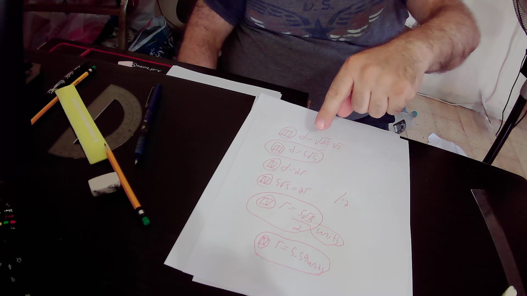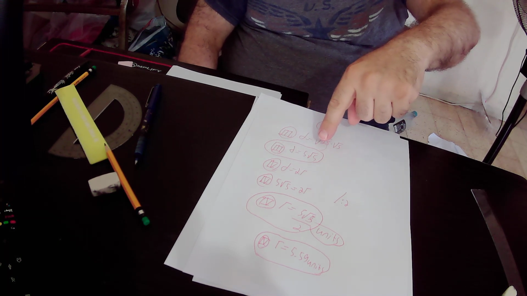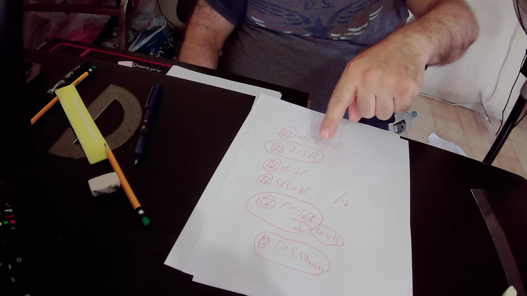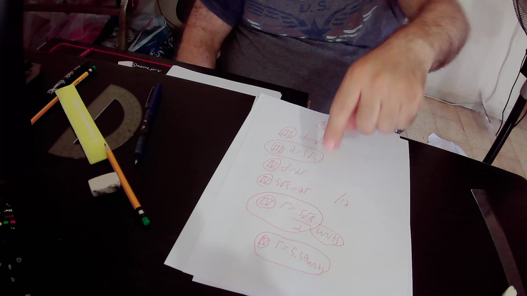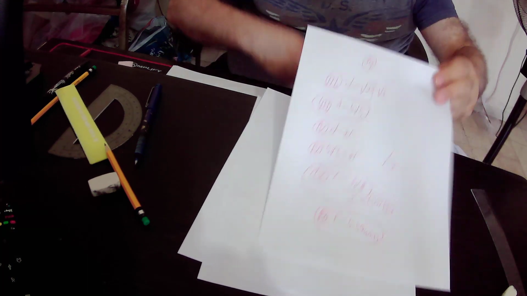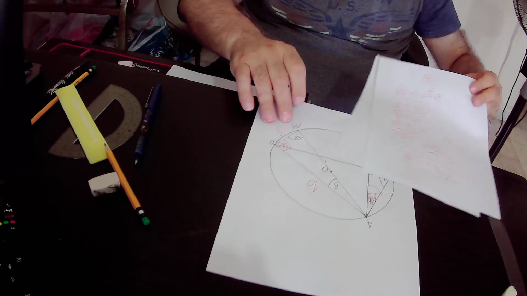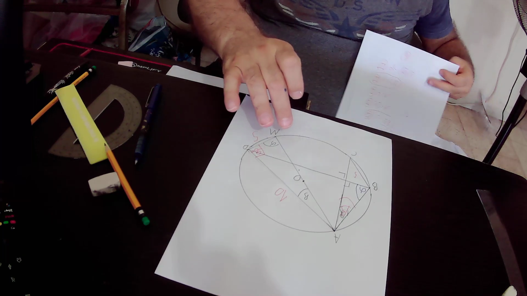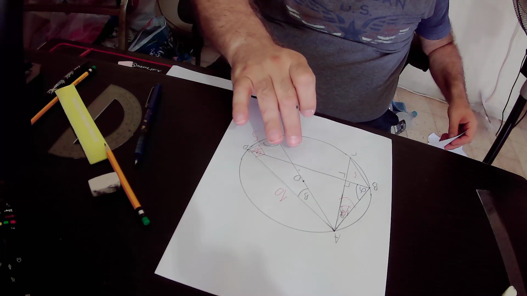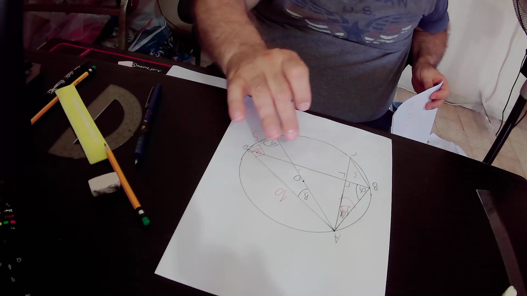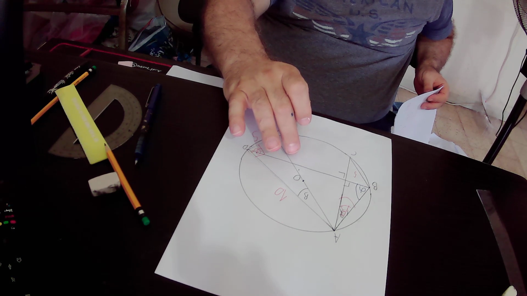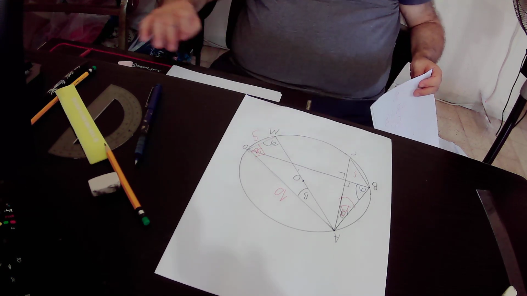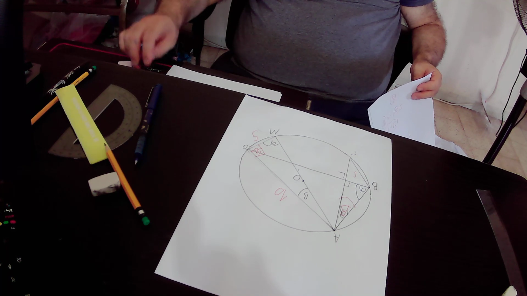So we can substitute D by 5 times root 5, and we got that the radius of this circle equals 5 times root 5 over 2 units. So the radius of this circle equals 5.59 units. Okay, thank you very much.